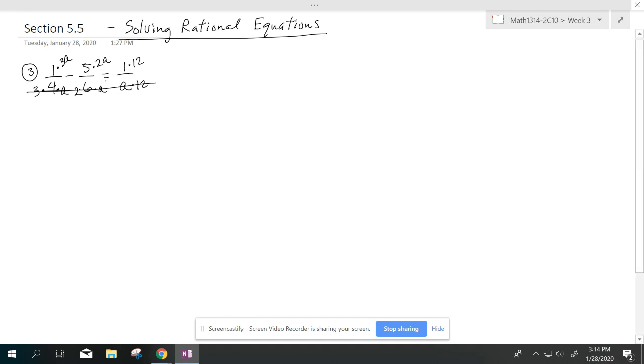All right, so let's see what we have left over. 1 times 3A, minus 5 times 2, and 12 times 1. And now do you see I have a new equation with no fractions? I can now solve for A. 3 minus 10?